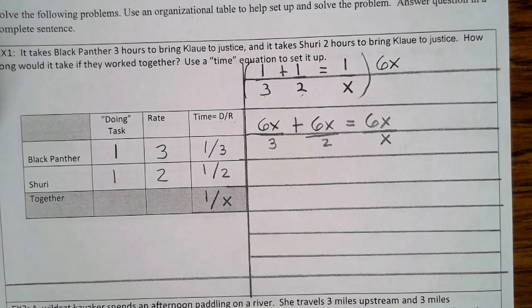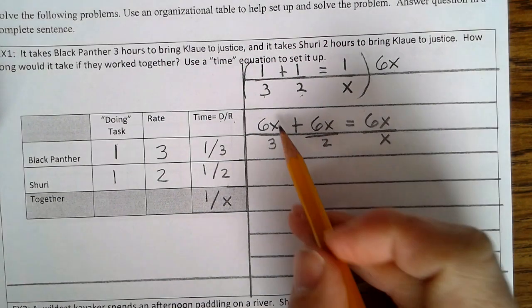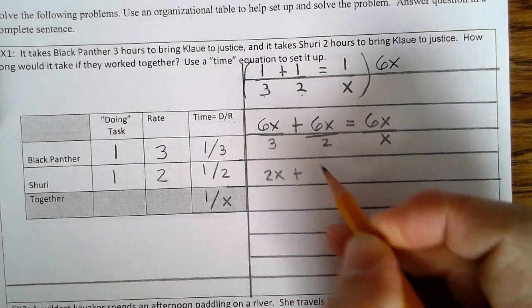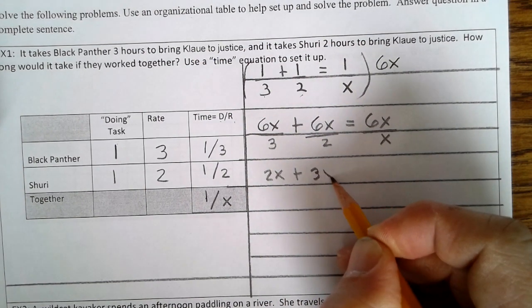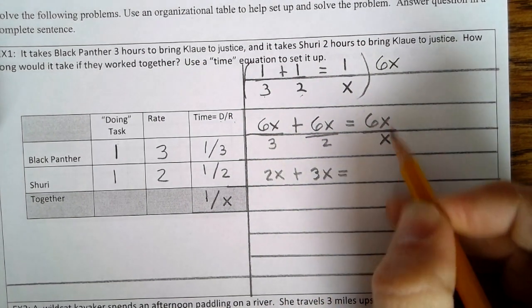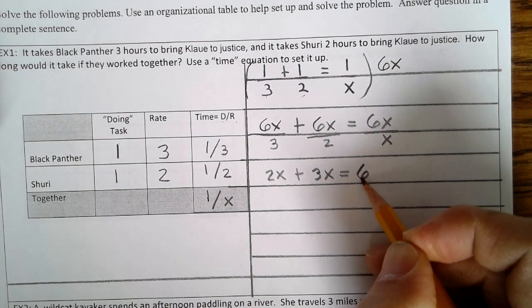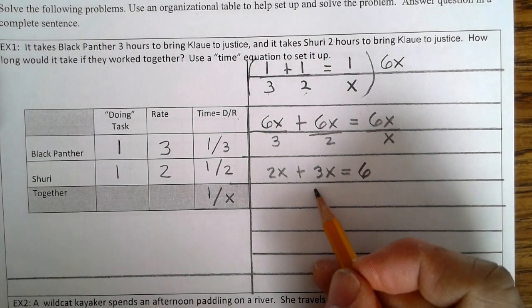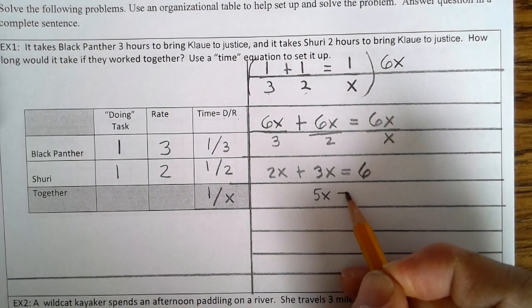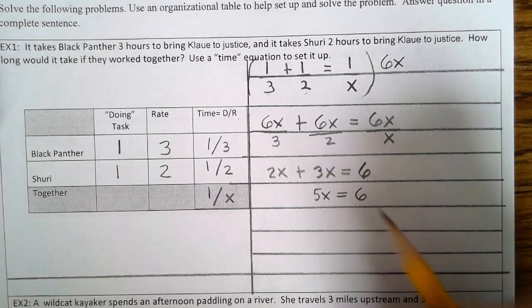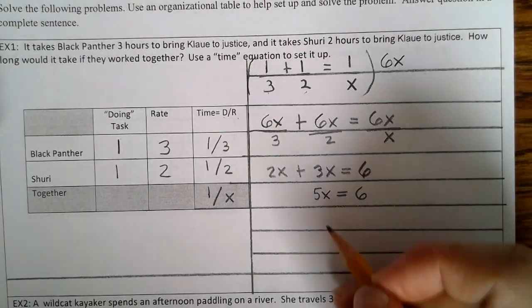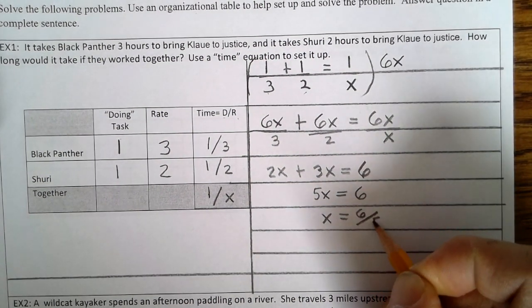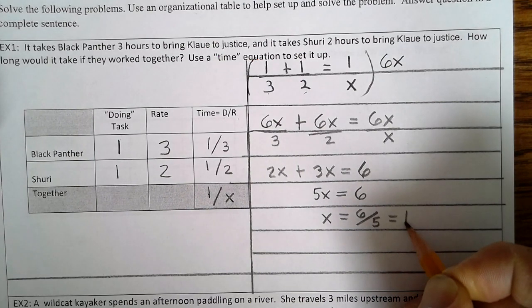Okay, so 6x divided by 3 is 2x plus 6x divided by 2 is 3x equals 6x divided by x is 6. Well, 2x plus 3x is 5x equals 6. Divide by 5, x equals 6 divided by 5, which is 1.2 hours.